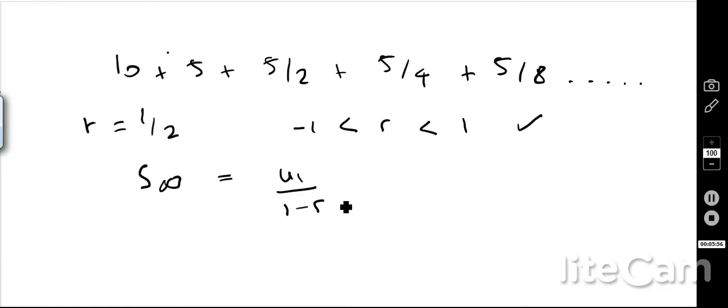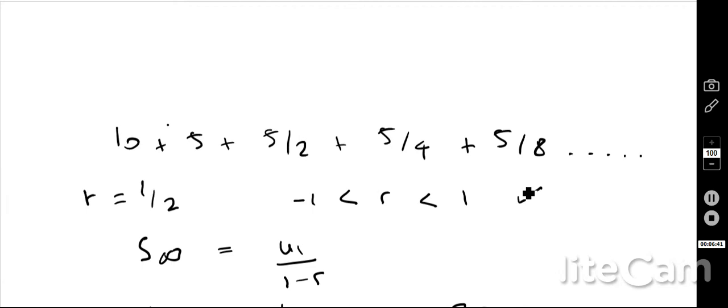In this particular case, the sum to infinity is the first term over 1 minus the common ratio of a half. So the sum to infinity of this series is going to be 20. If I do 10 plus 5 plus 2.5 and so on, carrying on forever, my final answer will be 20. That is the sum to infinity.